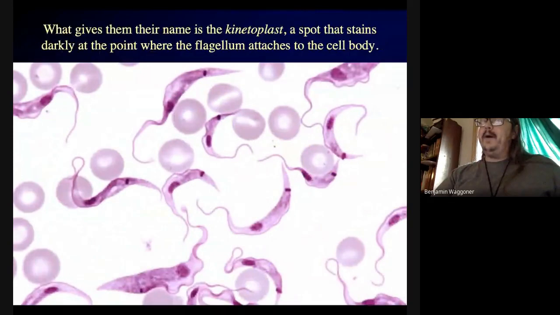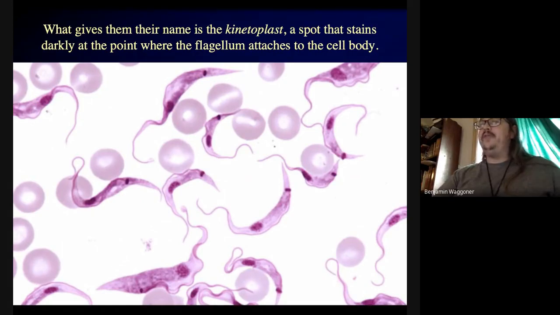So here's a close-up of some trypanosoma, and the cells are kind of shaped like crescents or shaped like bananas, I guess. And if you look carefully at each one, each cell has a nucleus. That's the larger of the dark spots that you see.